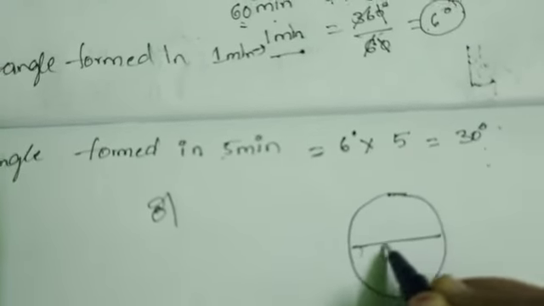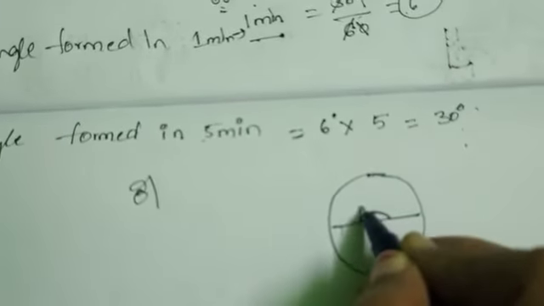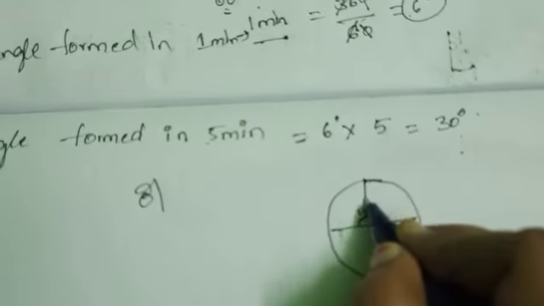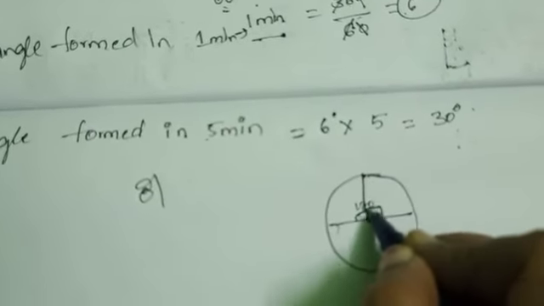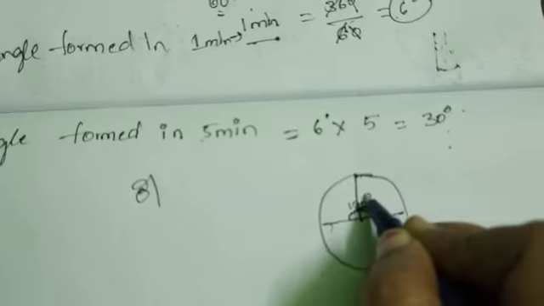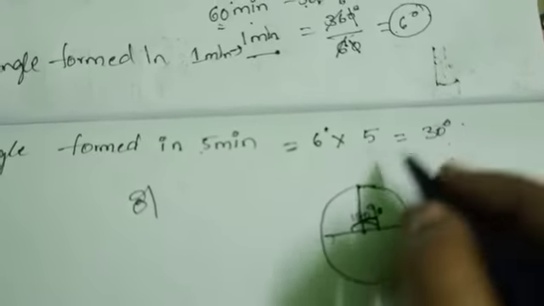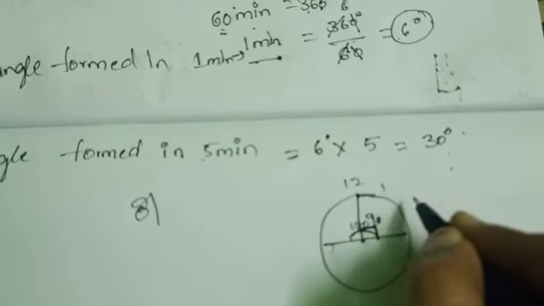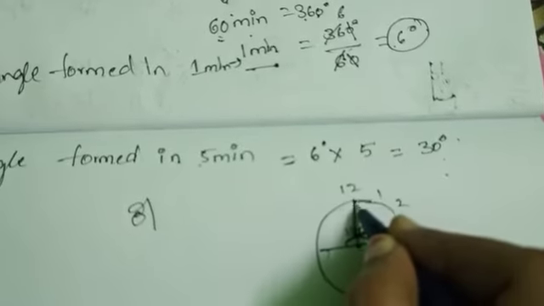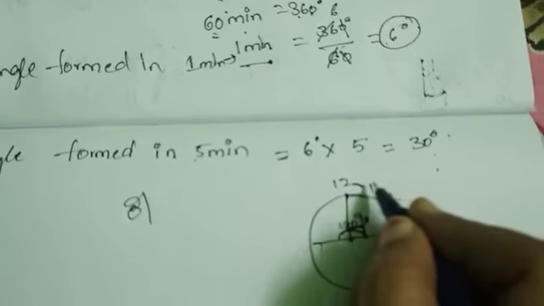This is a semicircle, and the angle in a semicircle equals 180 degrees. Half of the semicircle is a quadrant of a circle, with an angle of 90 degrees. So this is 12, 1, 2, 3. From 12 to 3 the difference is 15 minutes.